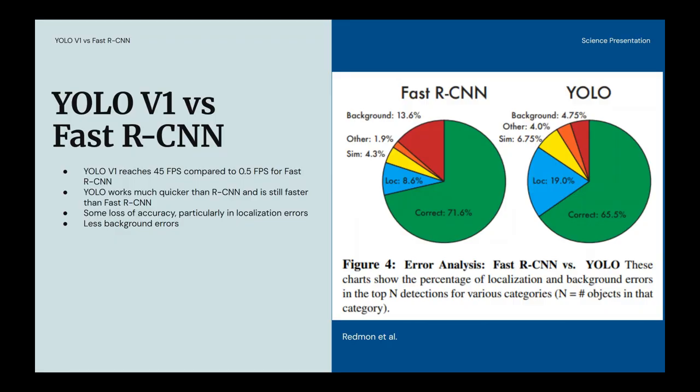Compare that to the much higher ratio of background errors that the Fast RCNN model makes, which represents cases where the model mistakenly thinks that part of the background of the image is an object to be detected and classified. So that difference between localization and background errors makes up the bulk of the difference in the incorrect detections between the two models.